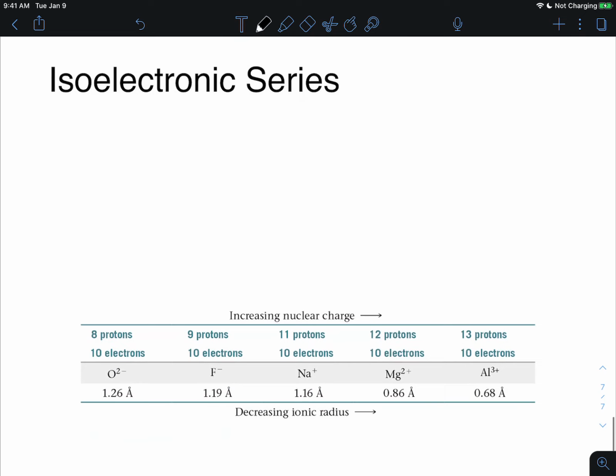And we can see this directly by looking at an isoelectronic series. Within an isoelectronic series, we have a series of ions that all have the same number of electrons.